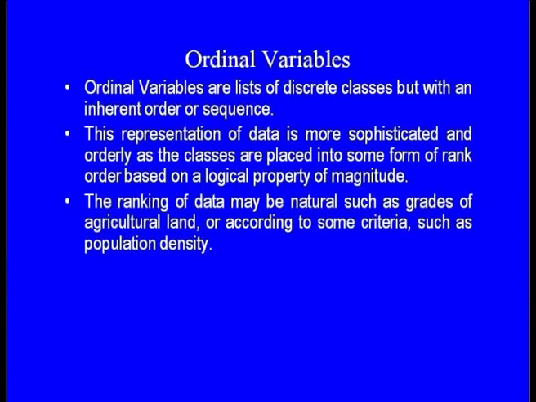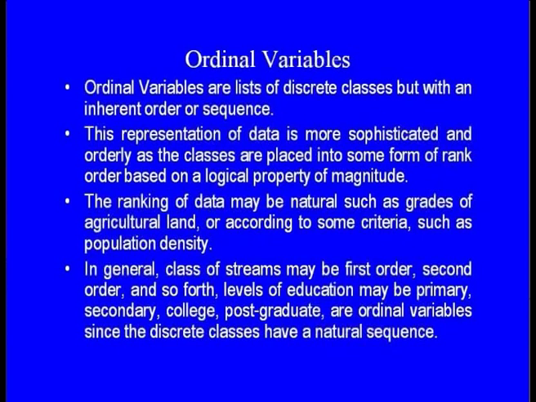The ranking of data may be natural, such as grades of agricultural land, or according to some criteria such as population density. In general, classes of streams may be first order, second order, and so forth, or levels of education may be primary, secondary, college, postgraduate. All are ordinal variables, since the discrete classes have a natural sequence.